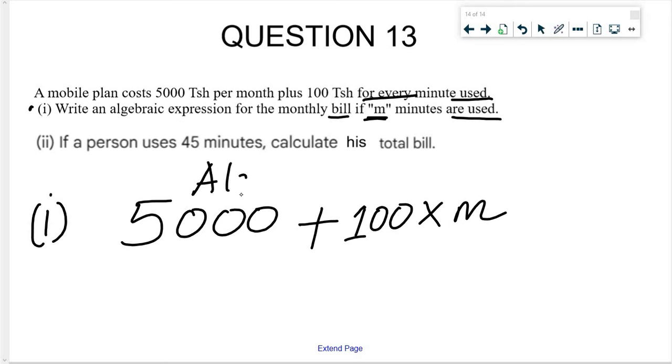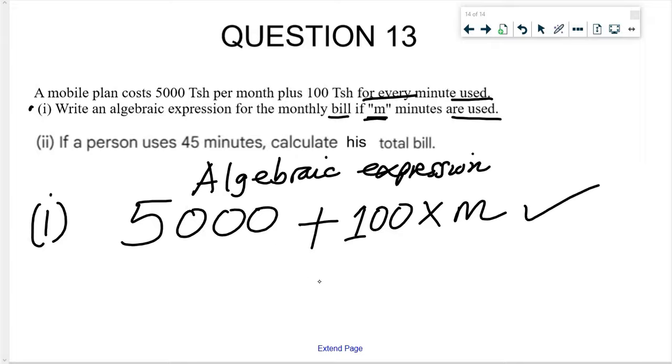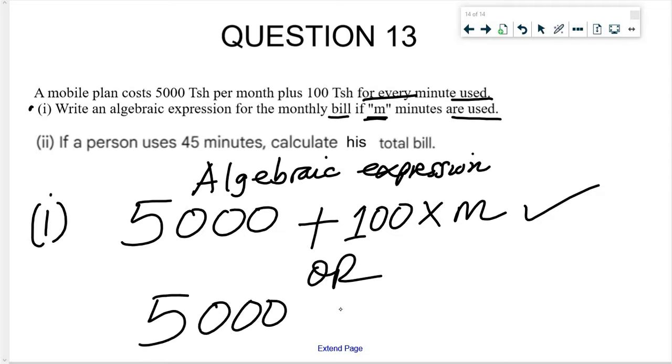The algebraic expression will be 5,000 plus 100 into m. You can write m like this. So 5,000 plus 100m, or 5,000 plus 100 into m. That will be your algebraic expression.